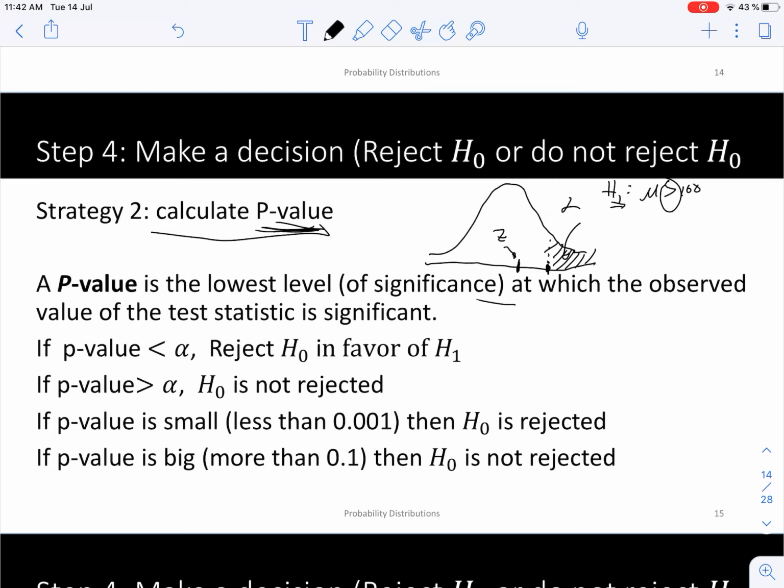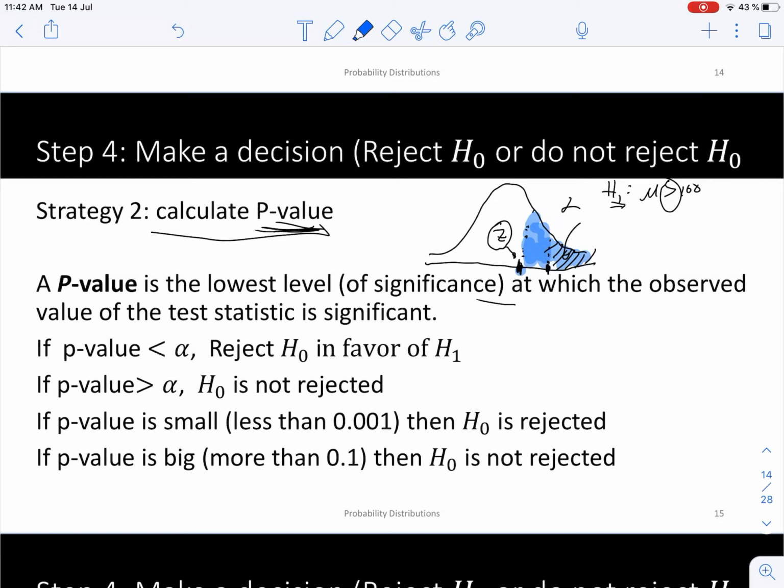Now, how is the p-value measured? To measure the p-value, we always need the test statistic, and we need to identify where the rejection area is. In this case, we have the test statistic, and then we measure the p-value as the probability towards the rejection area. So we measure from the t up to positive infinity, to the right.